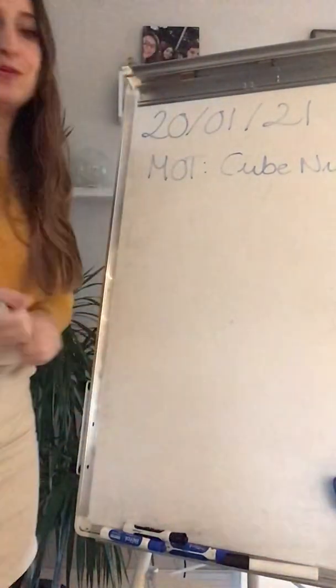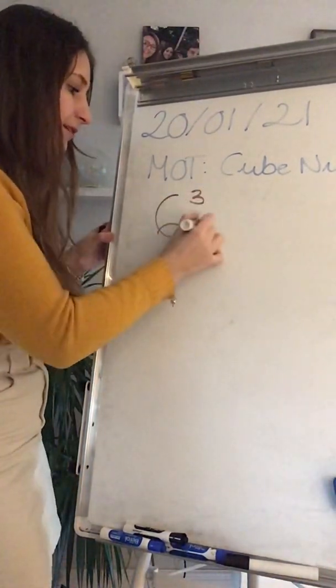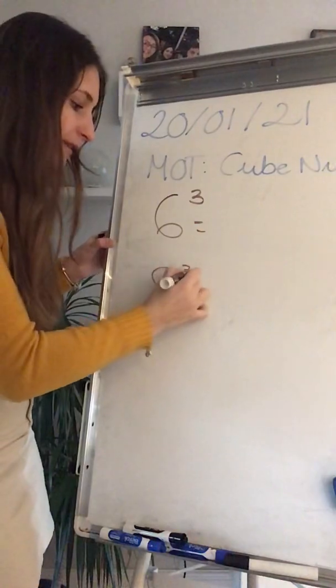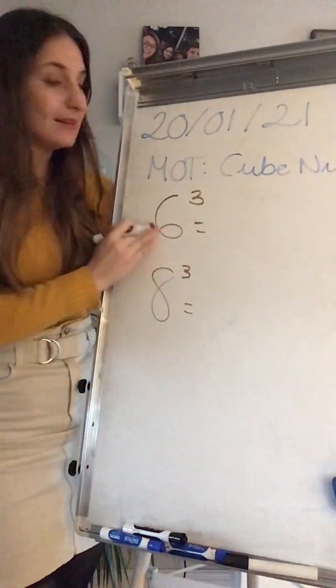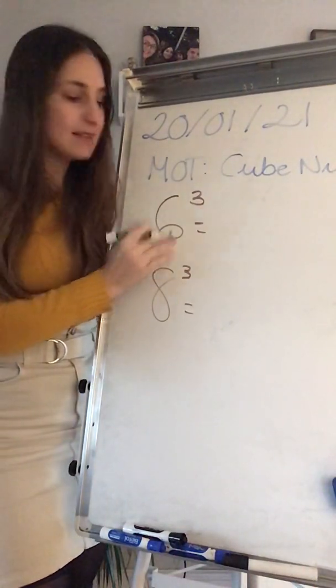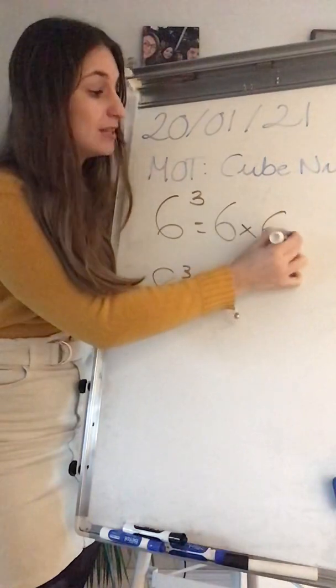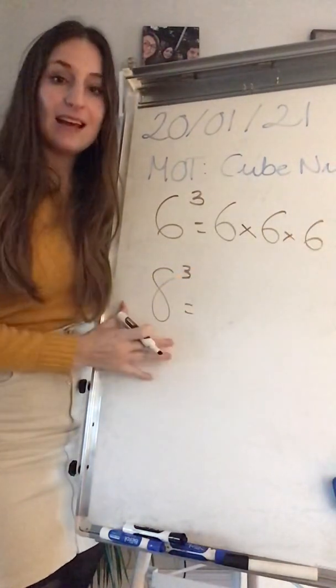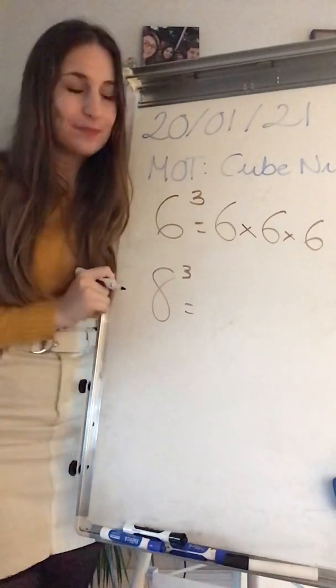Can you then do for me 6 cube and 8 cube? Remember, we're timing the number by itself 3 times, so 6, 6, 6, and the same for the 8. Have a go and play it again when you're ready to correct it.